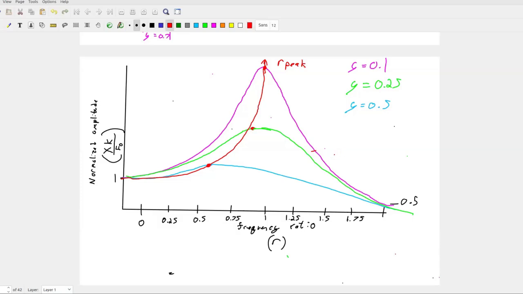Now, we don't have any undamped case here, right? If we did have an undamped case, let's say zeta is equal to 0.0, right? So if we have an undamped case, our system would look a lot like this and a lot like that.